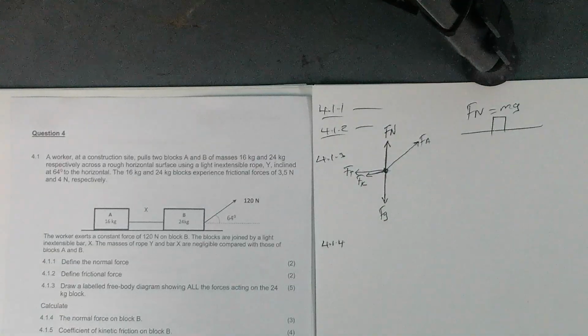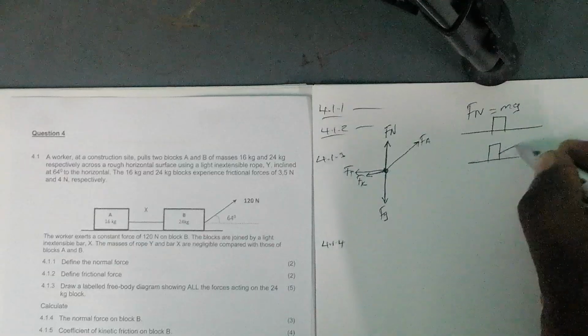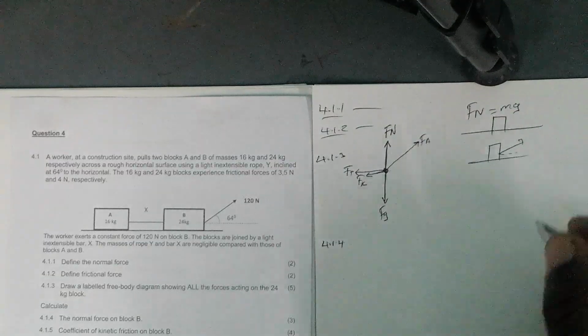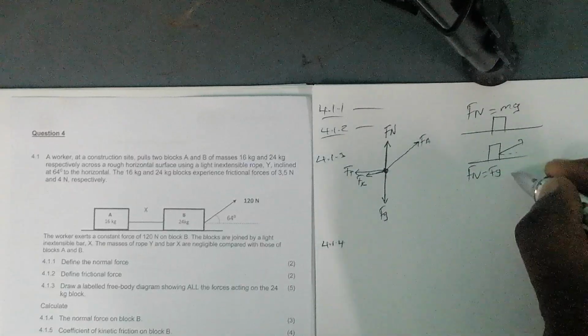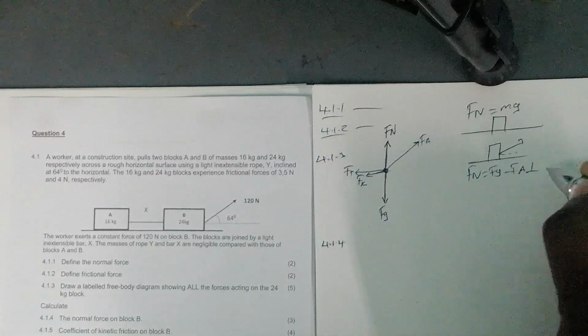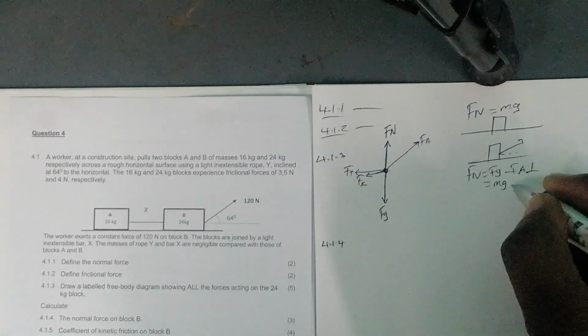And you are not using this formula for all the scenarios in Newton's second law for calculating normal force. But if you have this type where Fa is pulled, this is the formula you must use. Fn equals Fg minus Fa perpendicular, which is mg. Remember, Fg stands for mg.